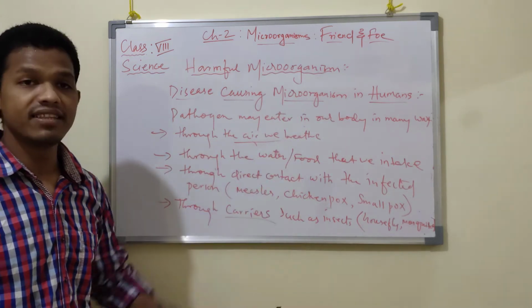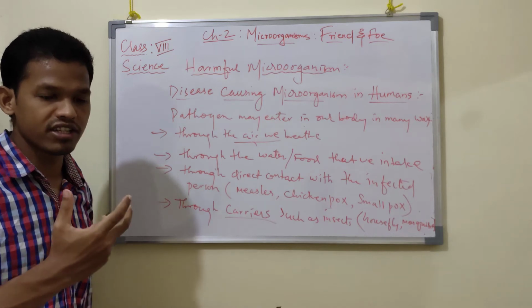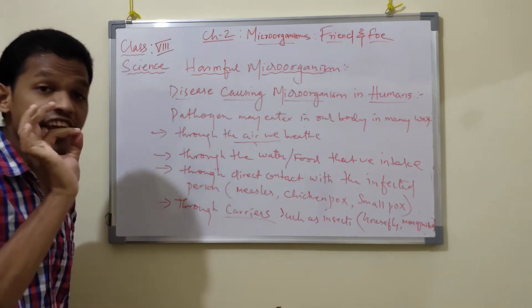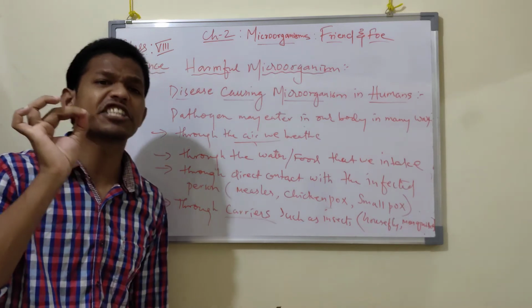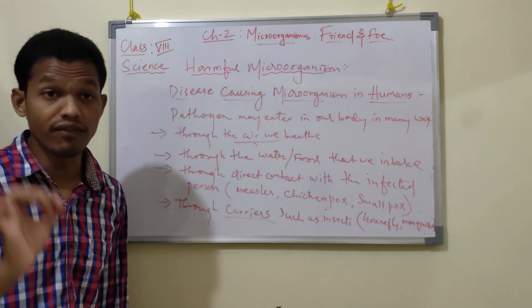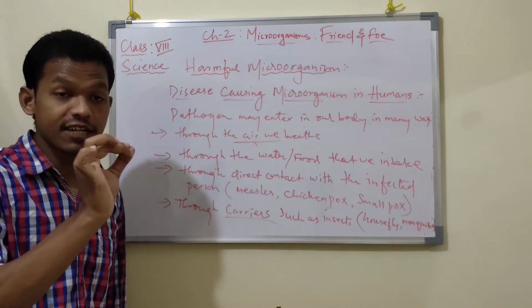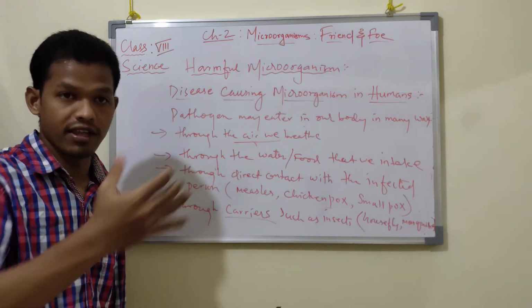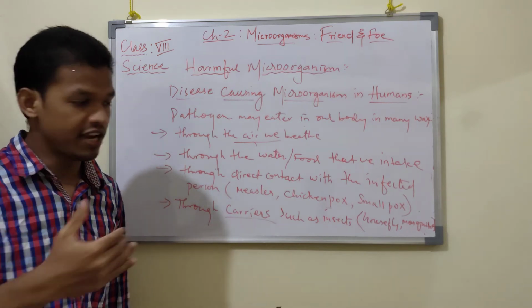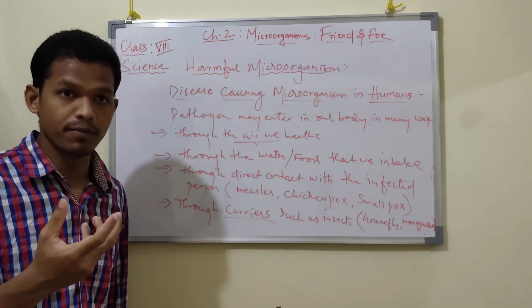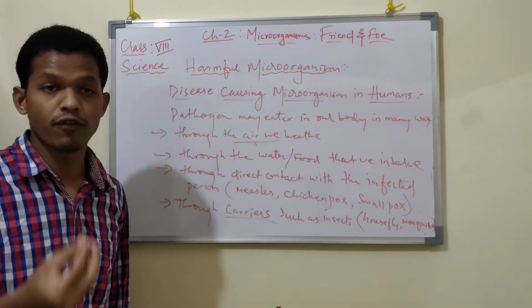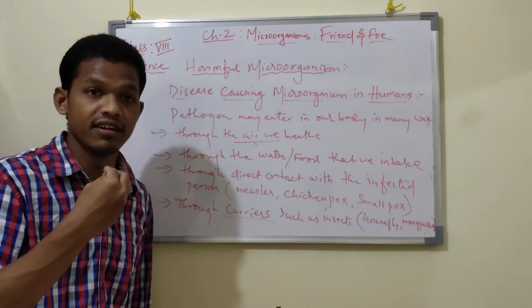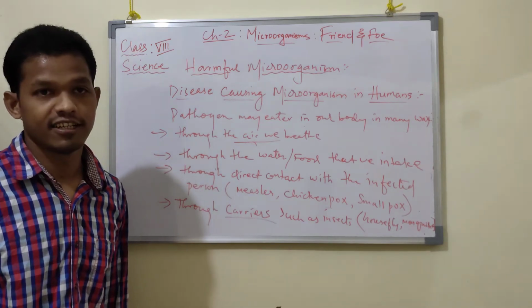So pathogens may enter our body in many ways, such as through the air we breathe. Suppose some person is suffering from a common cold. If he sneezes or coughs, the fine droplets of moisture contain thousands of viruses. If somebody nearby breathes in these fine droplets containing thousands of viruses, they will get infected.